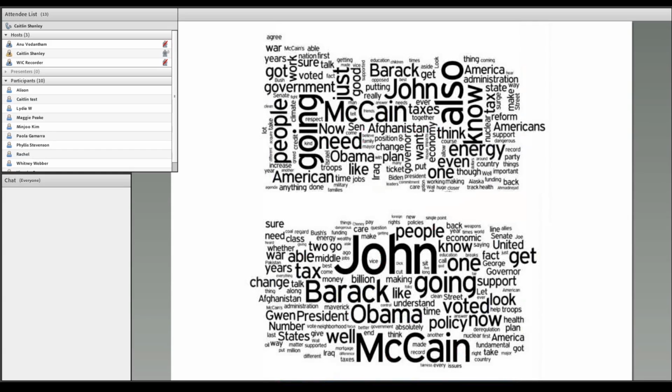One pretty common example of an infographic using text is a word cloud. There's a tool called Wordle, W-O-R-D-L-E, that I've used a lot that will create a word cloud like these. In just a couple of seconds, you can copy and paste a bunch of text in there.